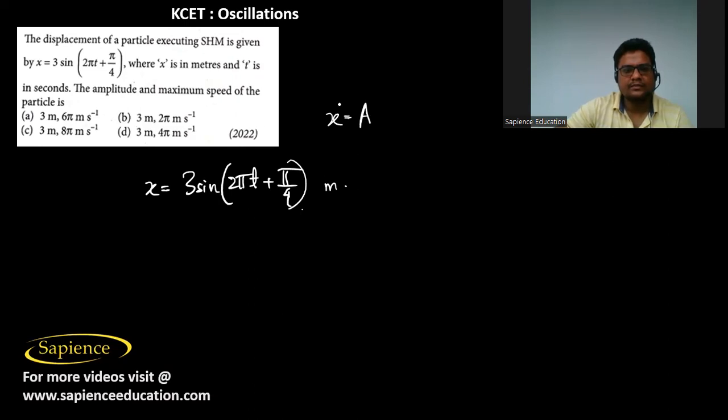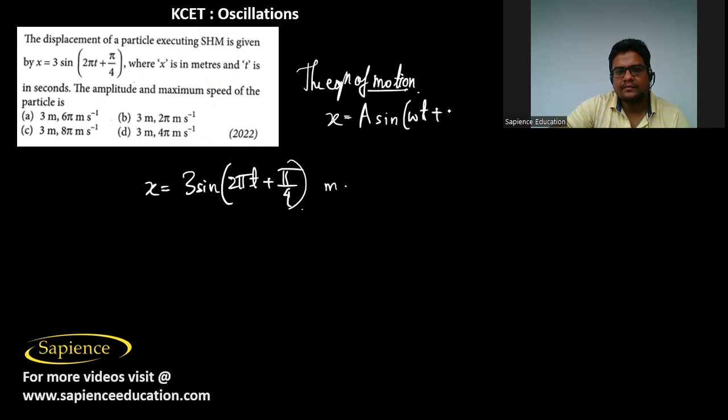The equation of motion of a particle executing SHM is given as x equals a sine (omega t plus phi), where phi is called the initial phase angle, omega is called the angular frequency, and a is the amplitude of the SHM.